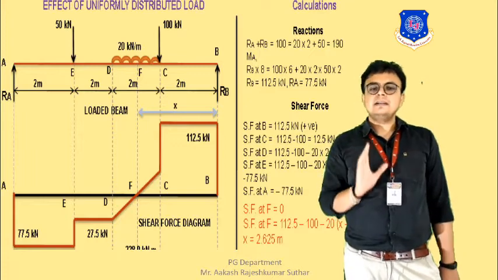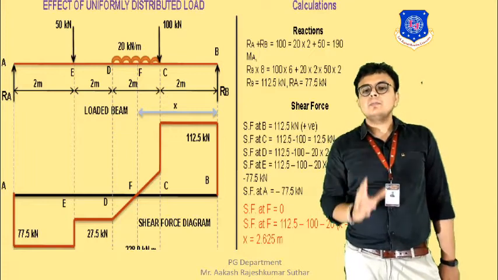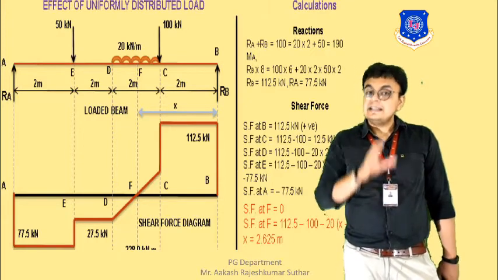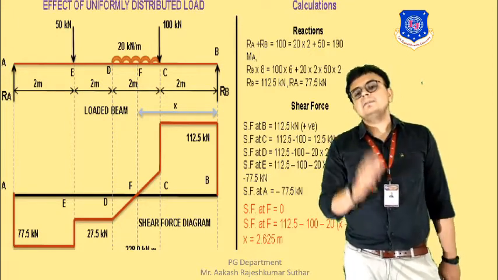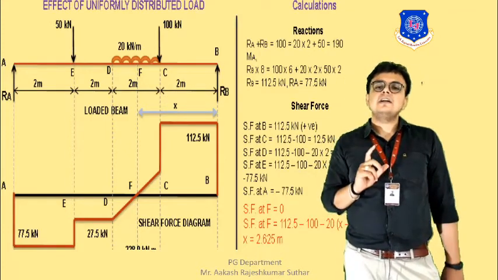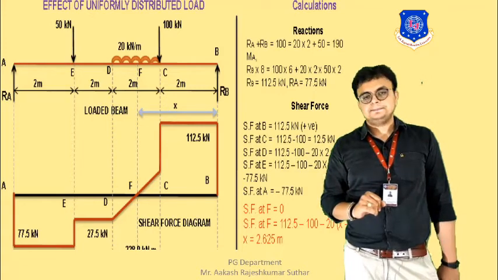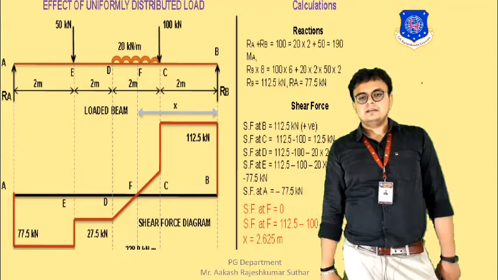Ultimately we get RB equal to 112.5 kilonewton, and by subtracting it from the total load, that is 50 plus 100 plus 20 into 2, we get RA equal to 77.5.